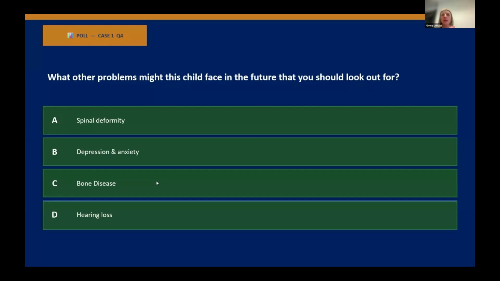So the answer here was that all of these are potential problems for patients with neuronopathic Gaucher disease. And these are just some of the potential future problems. And I think we have to be really mindful of that. So they will have challenges with visceral disease, systemic disease, which will affect their bones. We see spinal deformity, so both kyphosis and scoliosis.